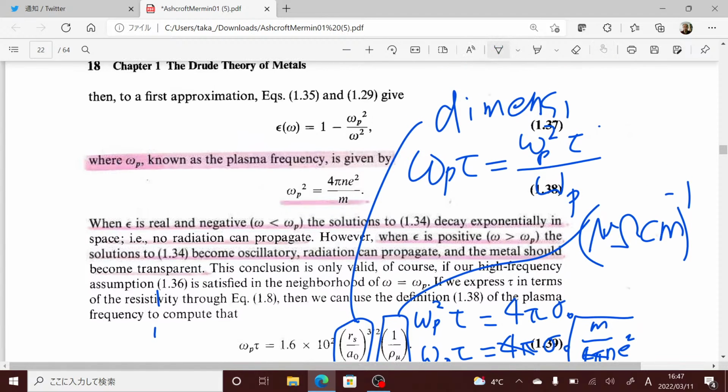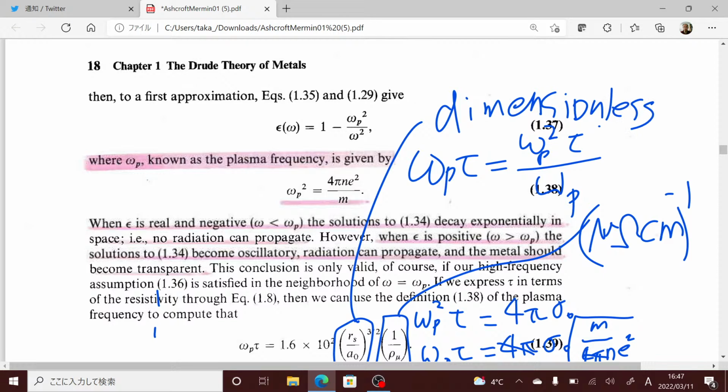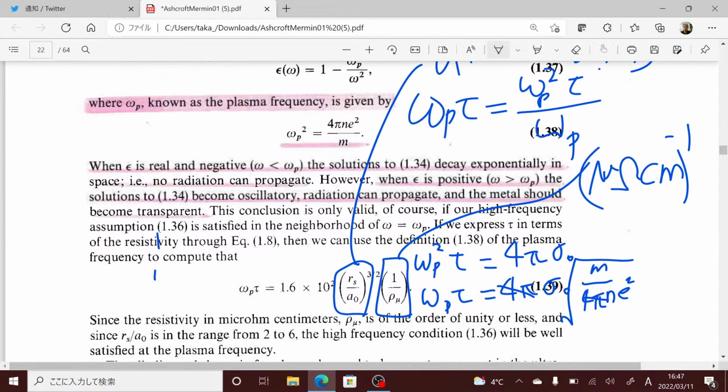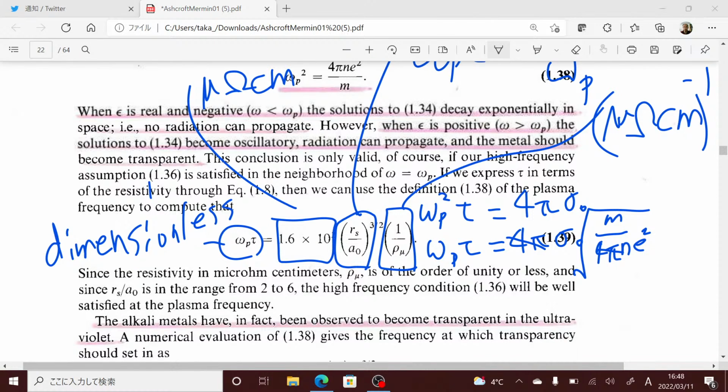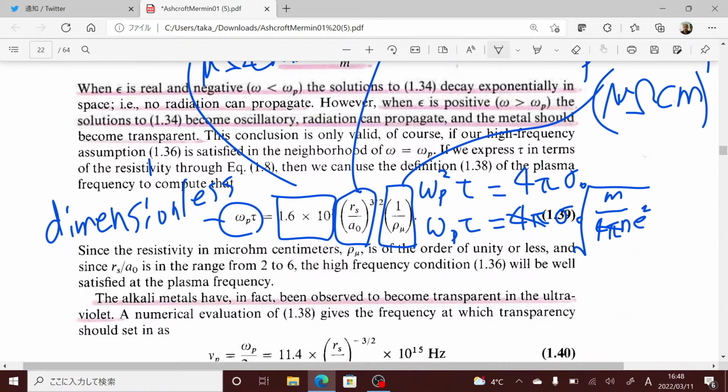This guy has dimension of micro ohm centimeter. This 1.6 times 10 to 2 has some dimension, because the left hand side is dimensionless. This is a mystery. Sorry, I don't know if this is working.